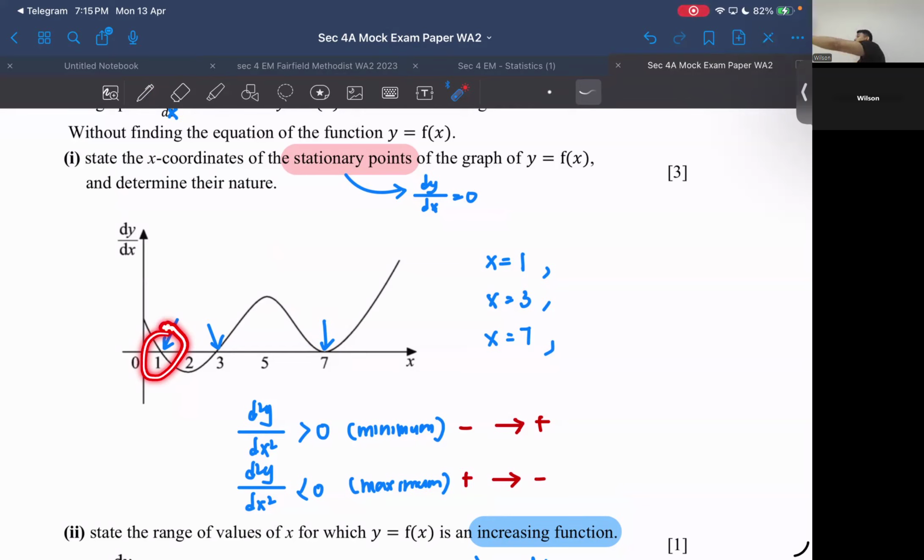Minimum? Is it minimum? Maximum, how? Lolin, what do you think? What point is this one? What kind of point is it, maximum or minimum point? Minimum point. You?